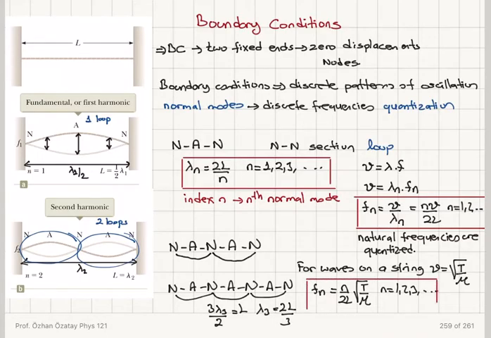There is something interesting to note here. For all modes, I can write the frequencies as integer multiples of the n equals 1 lowest frequency. The n equals 1 lowest frequency, I'm going to call the fundamental frequency. So f1, I will call this fundamental frequency.